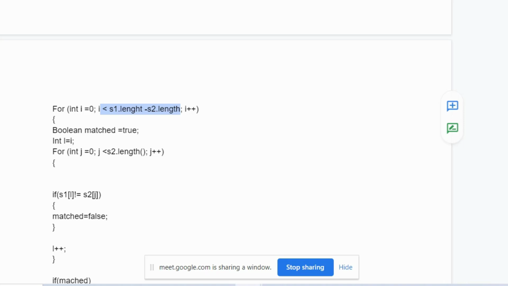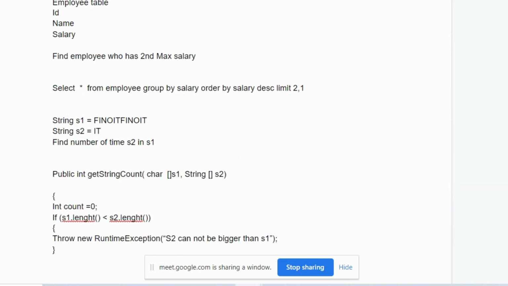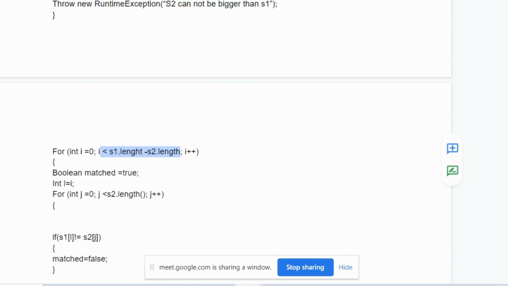But it might be the case that the last three characters were matching. Yeah, that's what I'm saying.